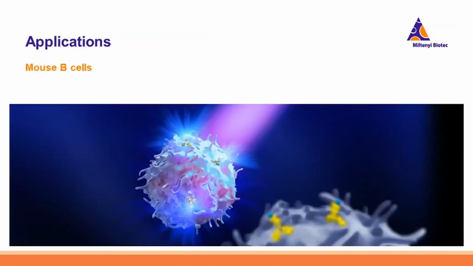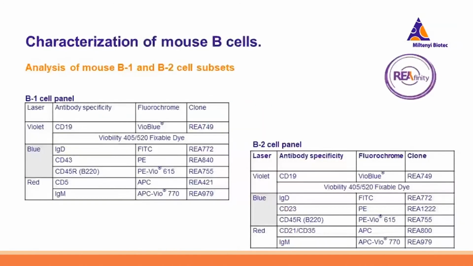And now I will show you an example for mouse B cells. This is a bit more complicated, so to say, because we use a B1 and a B2 panel, since we can use other samples in mouse than for human.